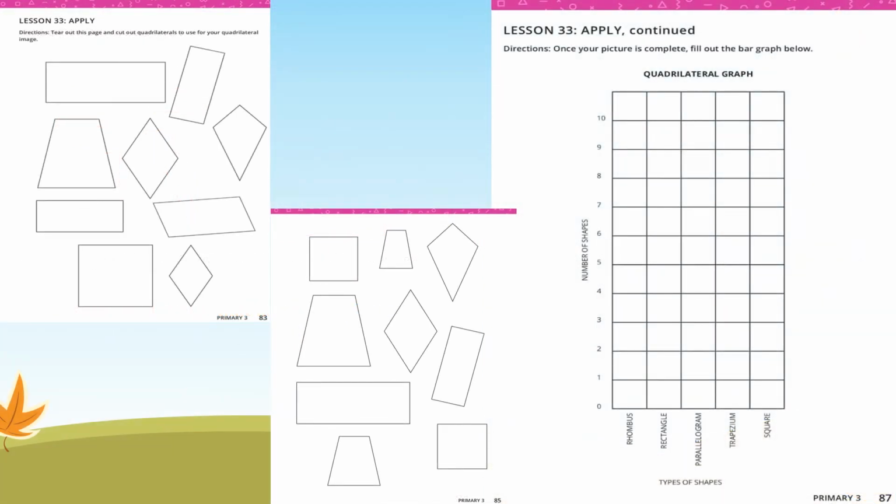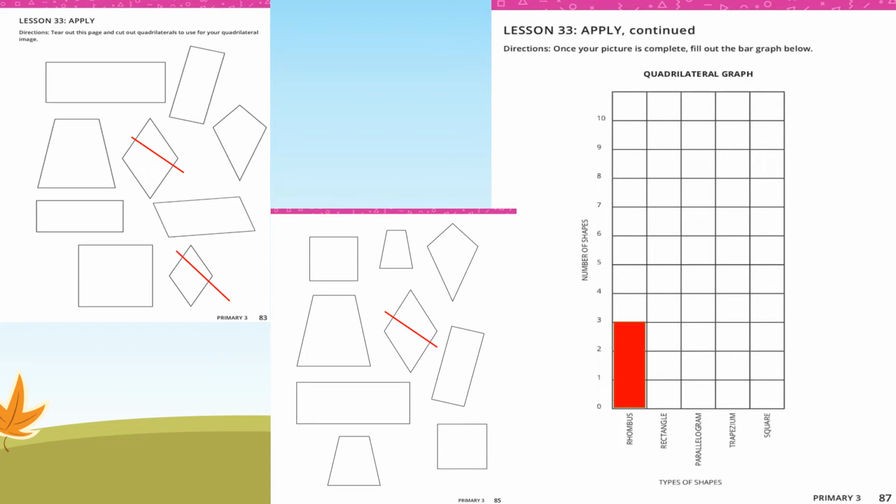Here we have two pages filled with shapes. On page 87 we have a graph that shows the number of shapes: rhombus, rectangle, parallelogram, trapezium, and square. Let's start with rhombus.